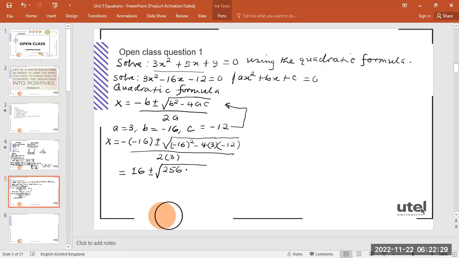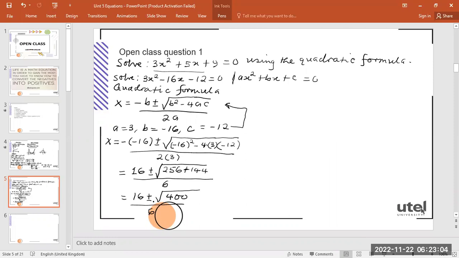Multiplied by minus 4, that becomes plus 144. Everything is going to be divided by 2 multiplied by 3, that gives you 6. If you add 256 plus 144, that gives you 400, everything divided by 6.